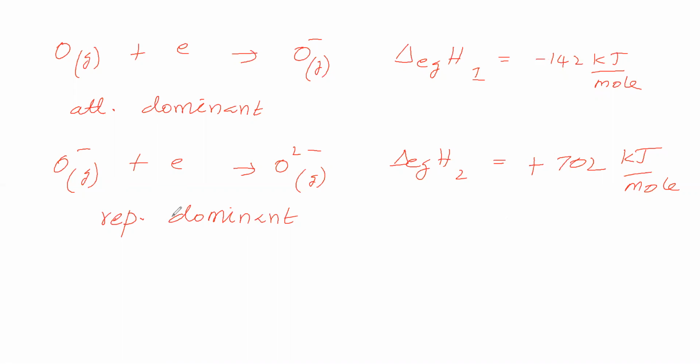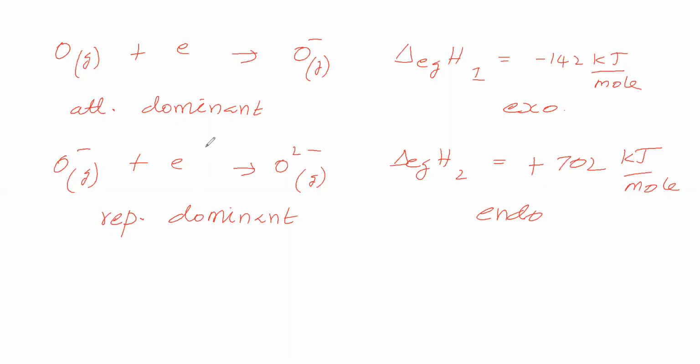Endothermic means repulsion is the dominant factor between this electron cloud and incoming electron. Okay, this is the concept.